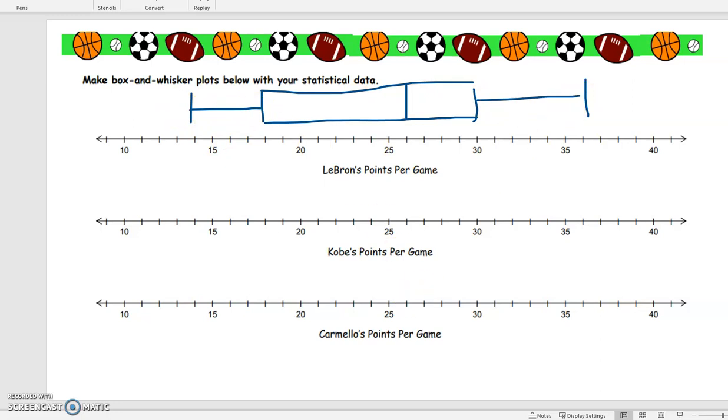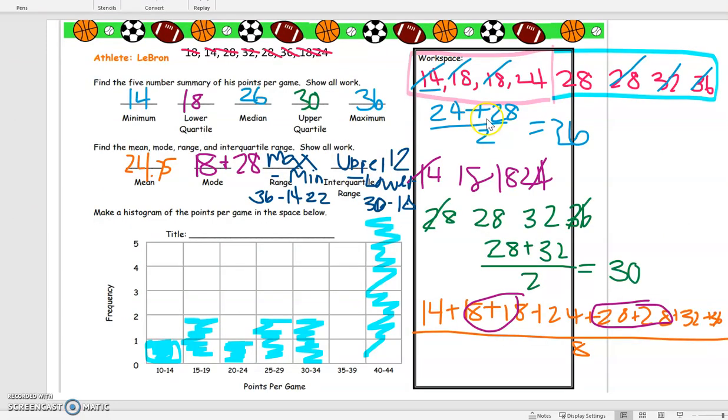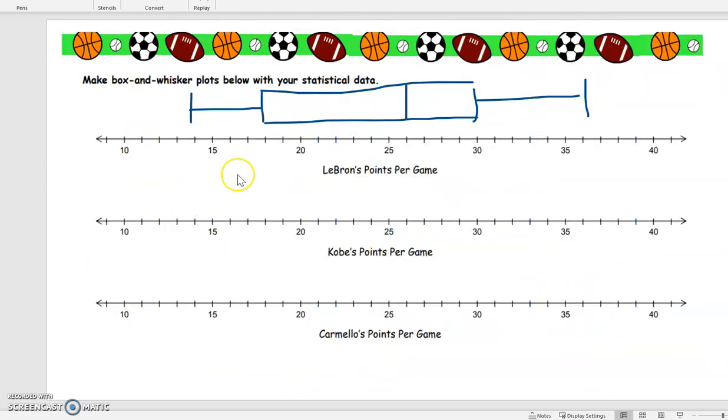I'm going to show you on this slide as well, there's two of your NBA players, when you do your calculations, you'll get that the upper quartile and the maximum are the same value. So what I'll do is I'll show you if that were to happen with these data. So if I kept 14, 20, 26, and 30.